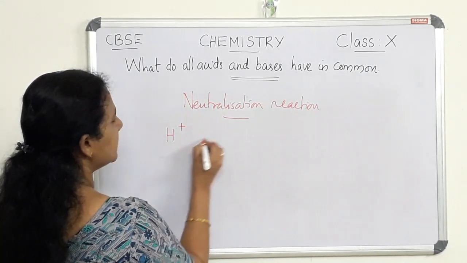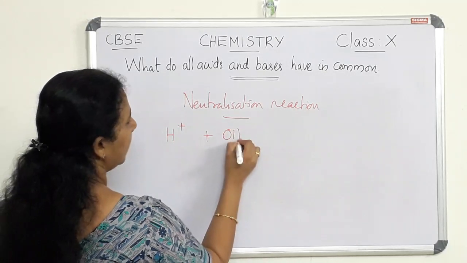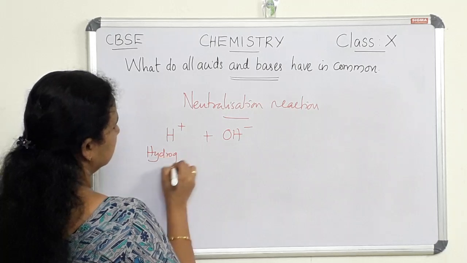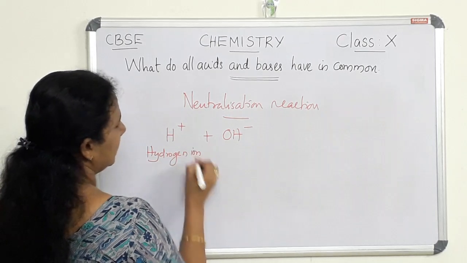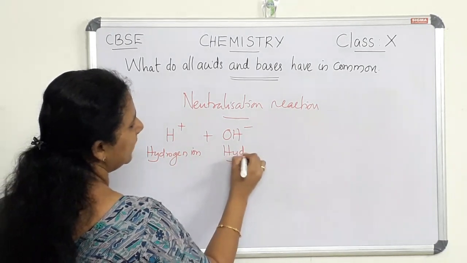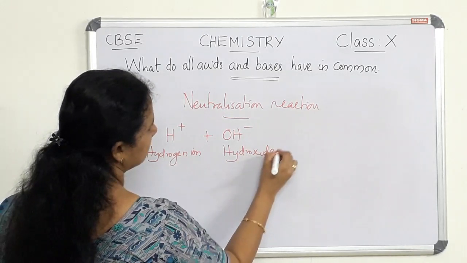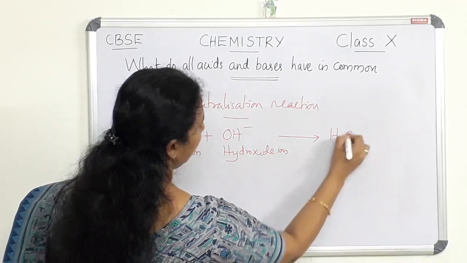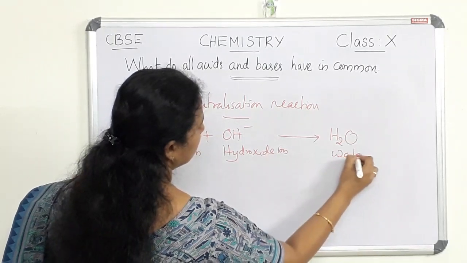So H+ plus OH-. This is the hydrogen ion. This is the hydroxide ion. This produces H2O. So this is water.